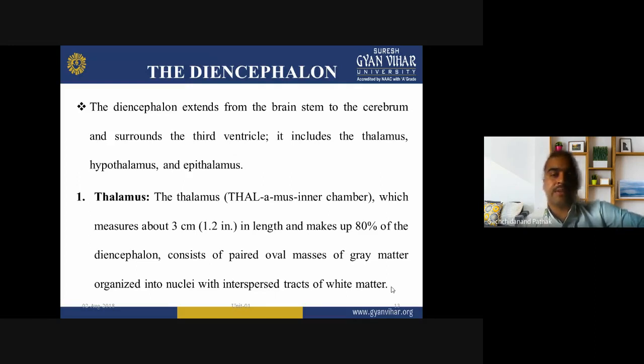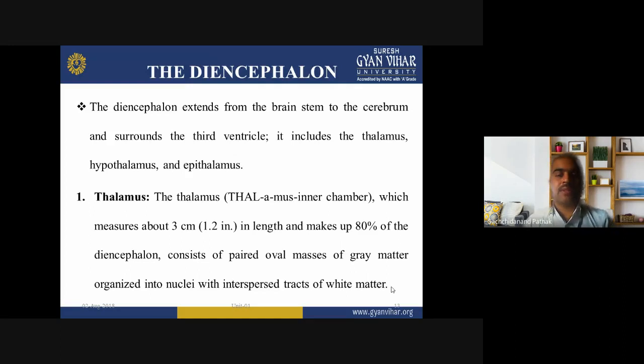The thalamus will be the inner chamber, which measures about 3 centimeters in length and makes up 80% of the diencephalon. It consists of paired oval masses of gray matter organized into nuclei with interspersed tracts of white matter.